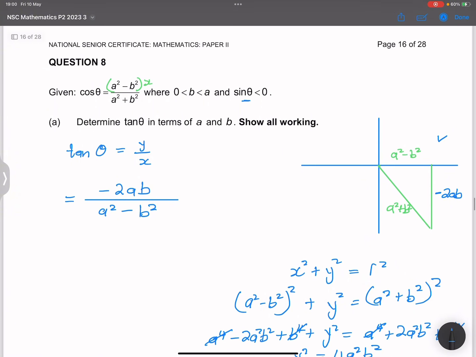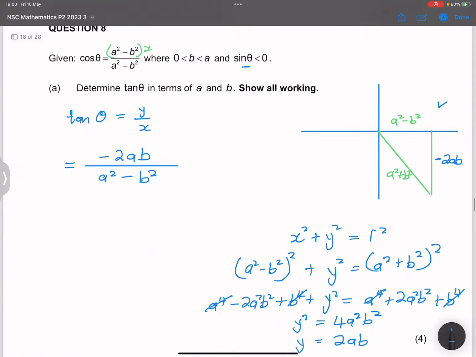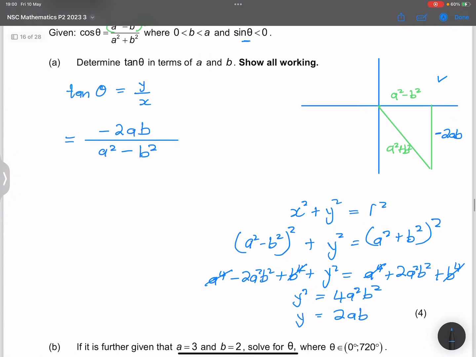So tan of theta is equal to minus 2ab, so that's minus 2 times 3 times 2, divided by, please note ladies and gents, a squared minus b squared.